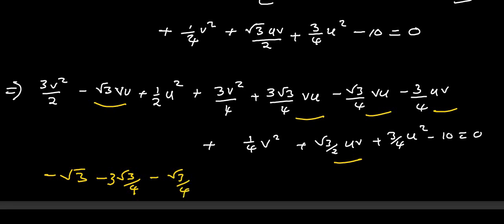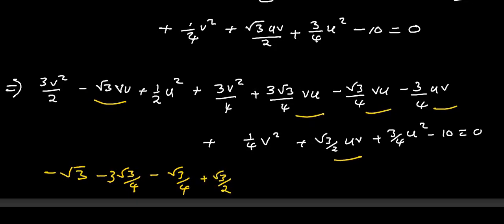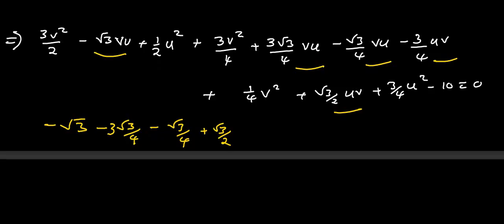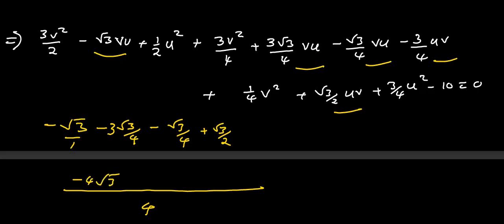So the last thing that you have is a plus root 3 over 2. Let's see if this is supposed to give us a 0. Common denominator is 4. This into that is negative 4 root 3. This is going to give us negative 3 root 3. This is going to give us negative root 3. 2 there, that's going to give us what?